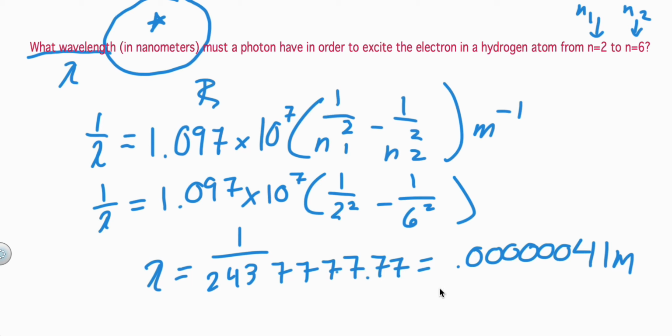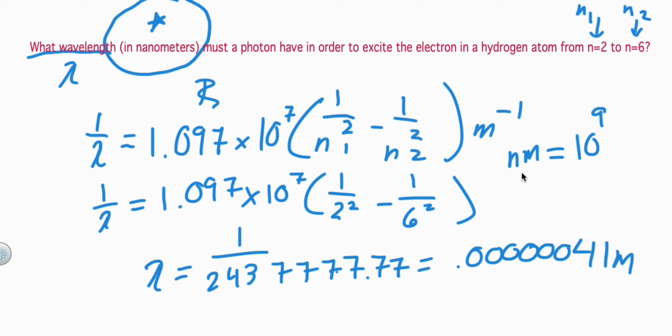Now you have to remember the conversion factors. So nanometers is 10 to the power of 9. Okay, I could make another video in the future about all the conversion factors, because this is knowledge you should already know going into chemistry.